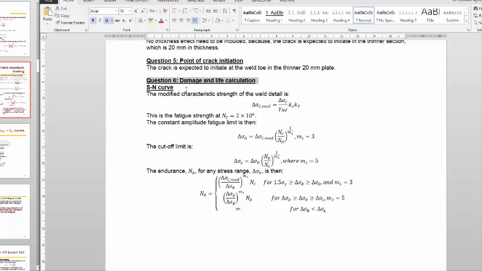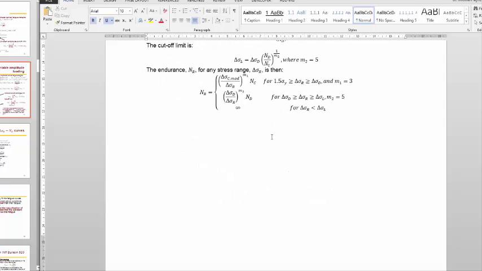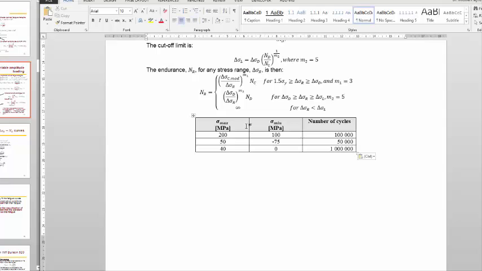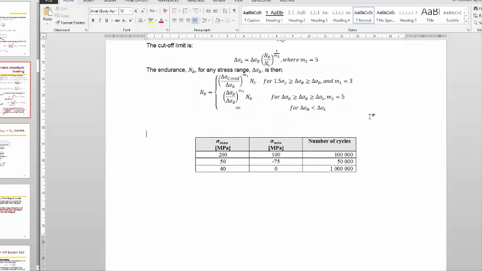The first thing that we've done here is we've defined the SN curve, and what we're going to do now is perform the damage calculation. I'm just going to paste the table here, and then I'm going to make a new table in Excel to demonstrate the calculation process for you.